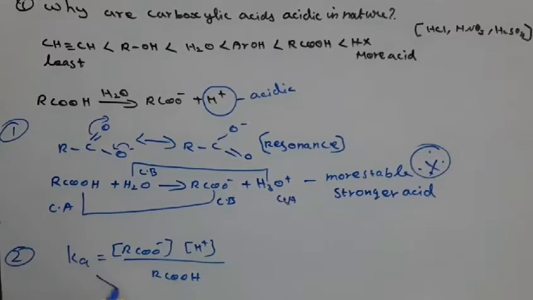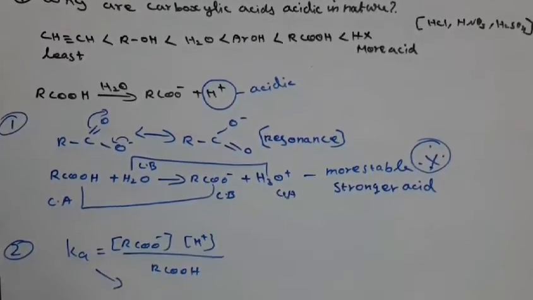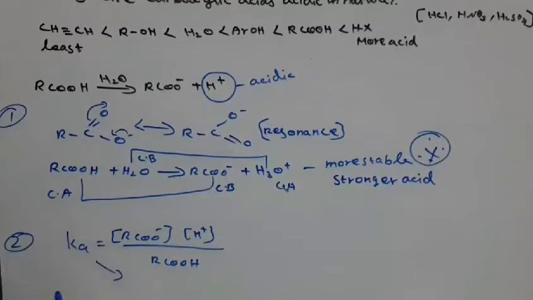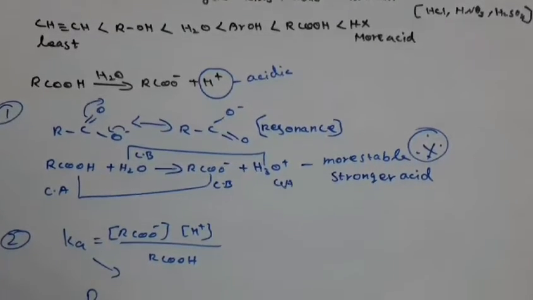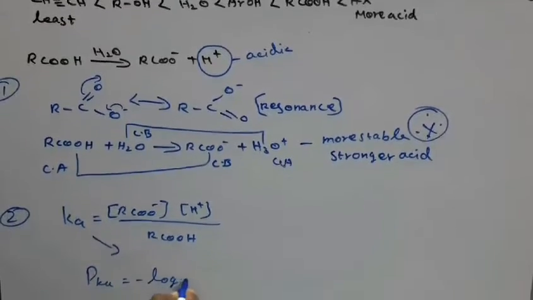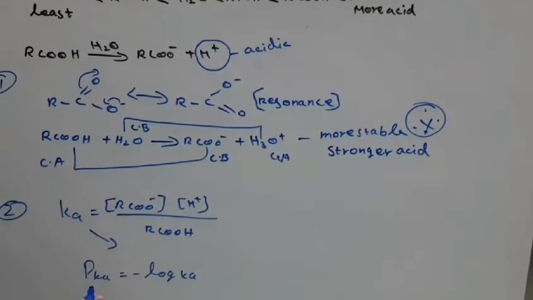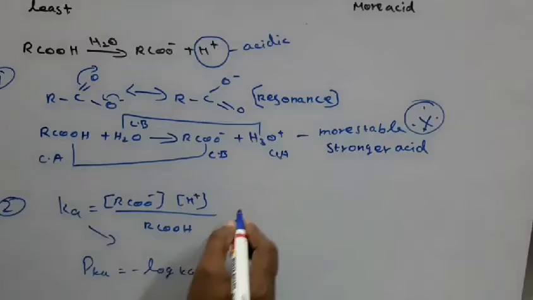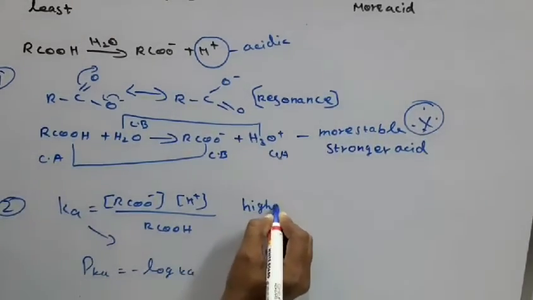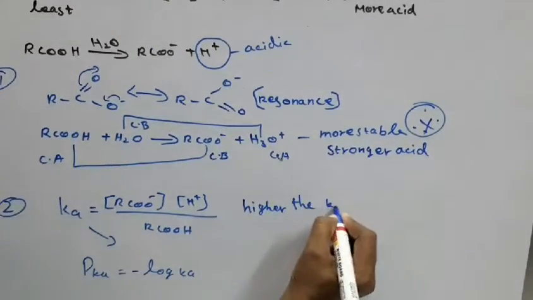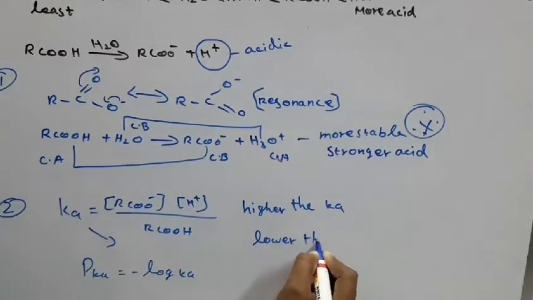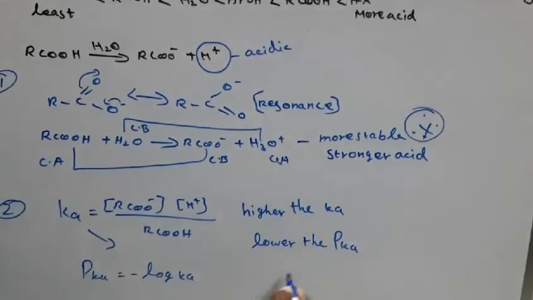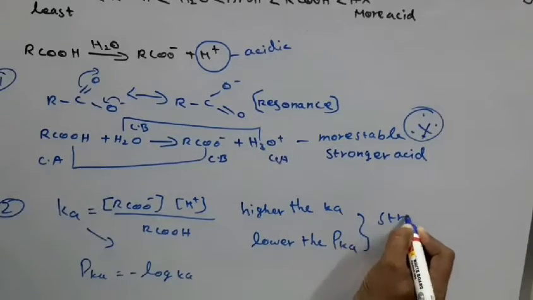This Ka is the acid dissociation constant, and pKa equals minus log Ka. The concept is: the higher the Ka value, the lower the pKa value, and the stronger the acid.